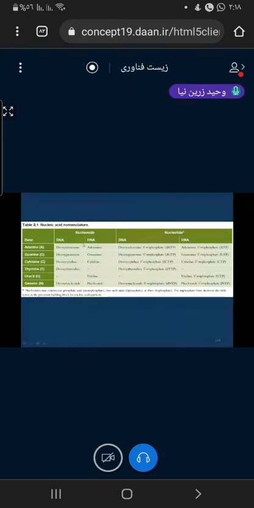DNA and RNA have different forms of nomenclature. In DNA it is deoxyadenosine, and in RNA the name is adenosine. In DNA it is deoxyguanosine, and in RNA guanosine. Deoxycytidine and cytidine. Deoxythymidine and thymidine.